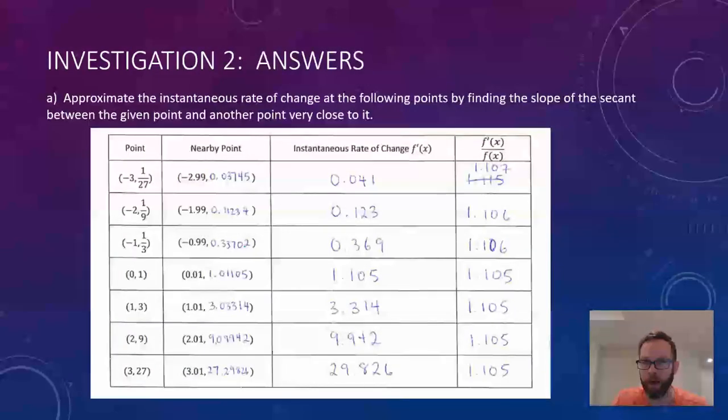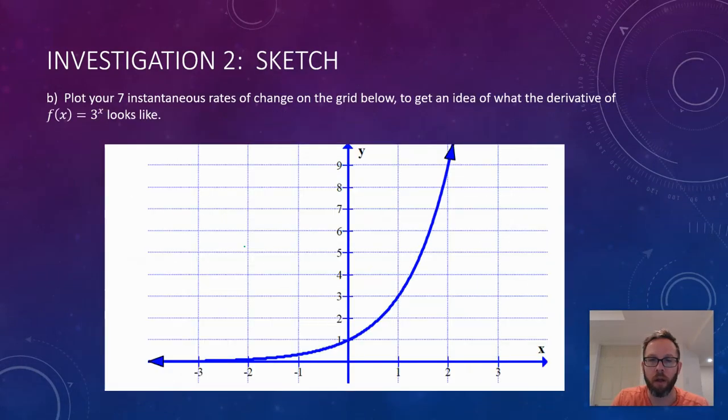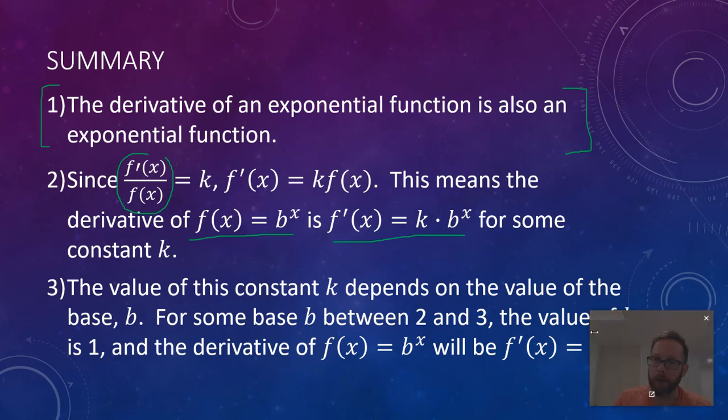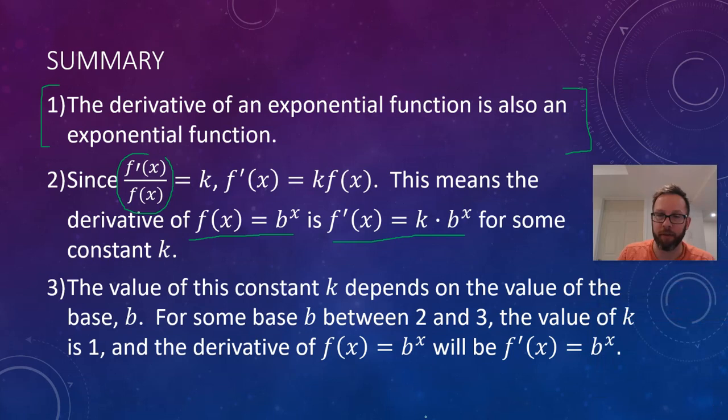For 3 to the power of x, it was about 1.105. Later on, we'll actually understand what that value k is. But right now, we just know it's some constant k, and that value of k changes for whatever the base is. And that's what we have in this last point here. The value of this constant k depends on the value of the base b.